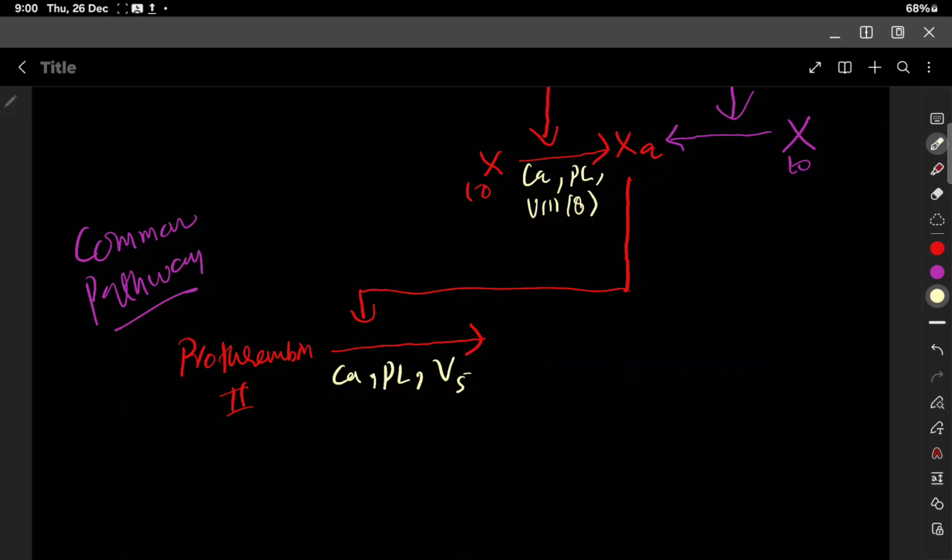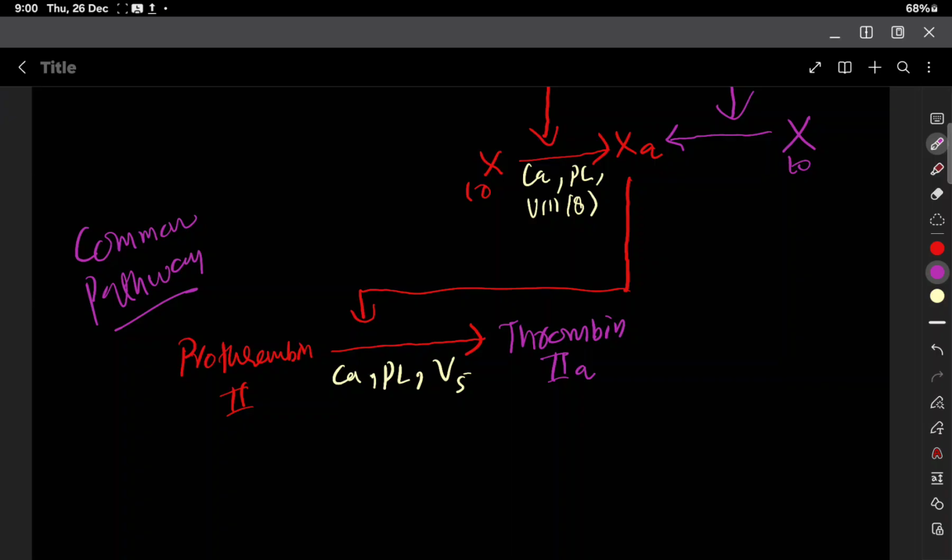And this will convert it into thrombin. Prothrombin will be converted into thrombin, the activated form of thrombin, by activated factor 10, calcium, phospholipid and factor 5. So prothrombin, factor 2, will be converted into thrombin, the activated form.